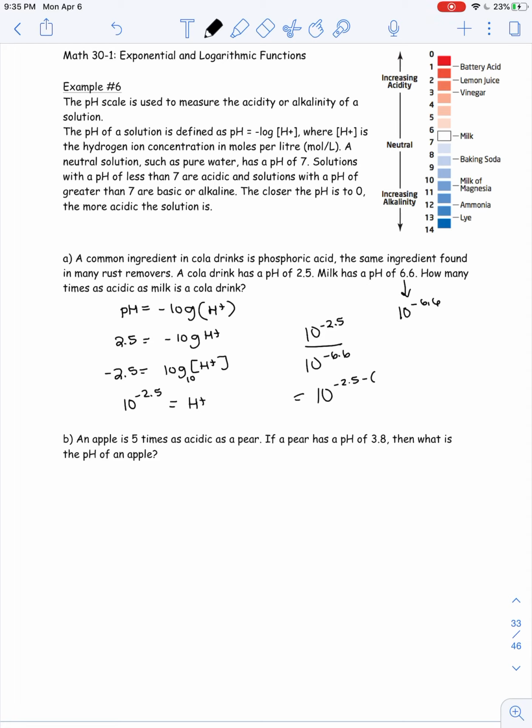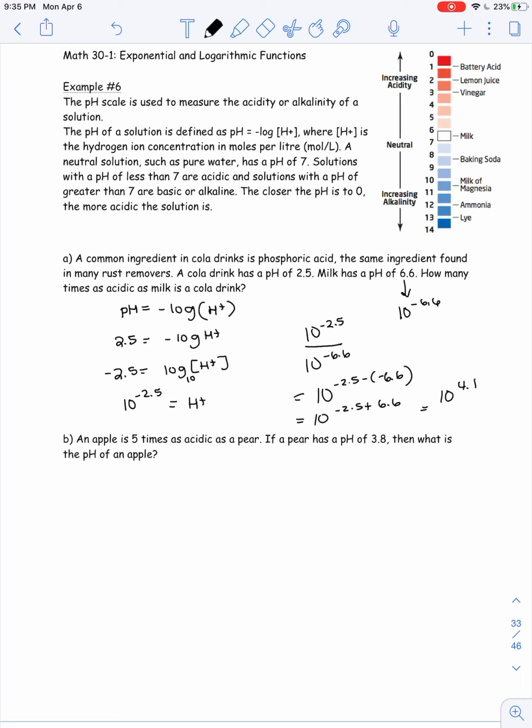And then what we can do is we can go 10 to the power of negative 2.5, subtract negative 6.6, because anytime you have division, you can subtract the powers. So that becomes 10 to the power of negative 2.5 plus 6.6. So then we can simplify those numbers. Negative 2.5 plus 6.6 equals 4.1.